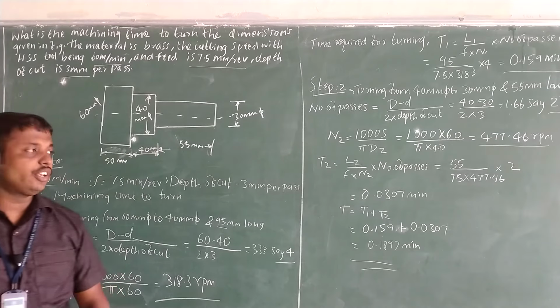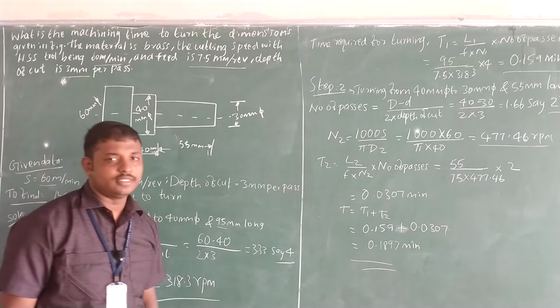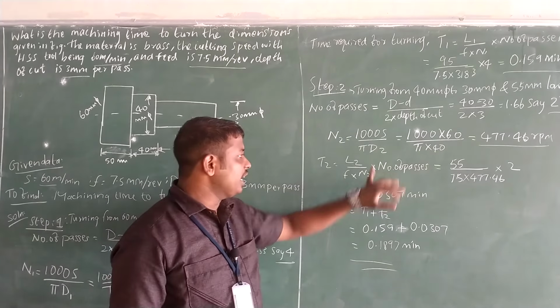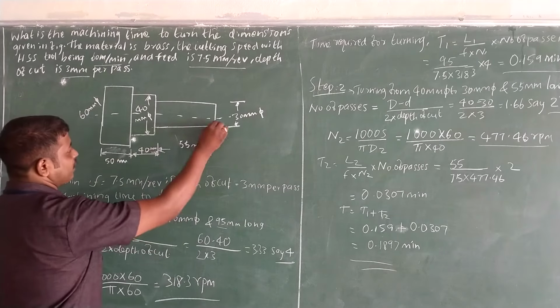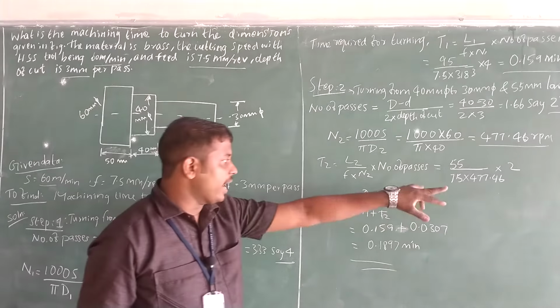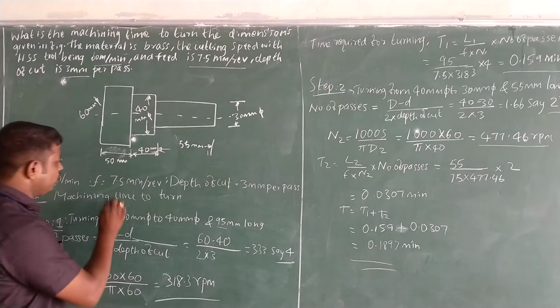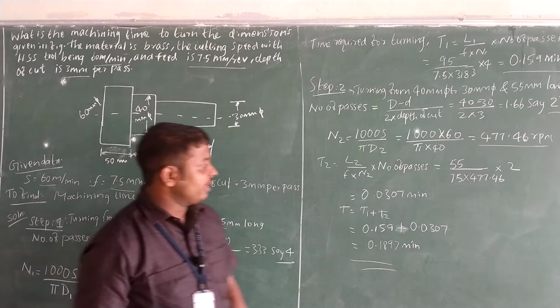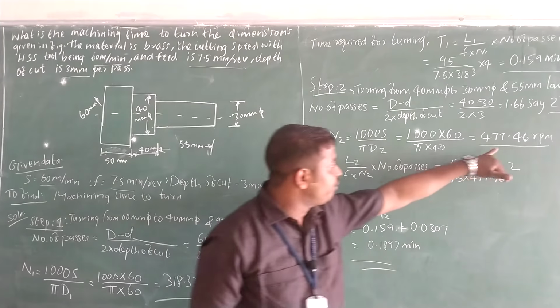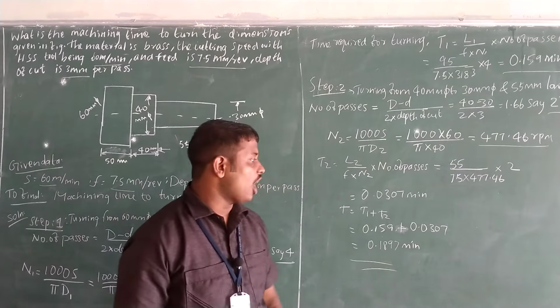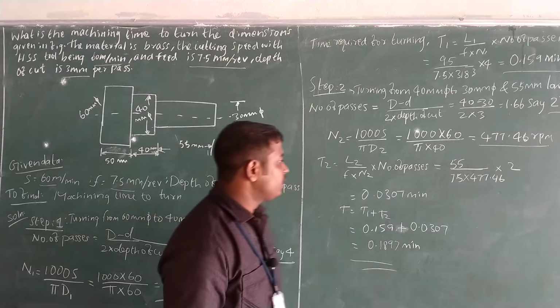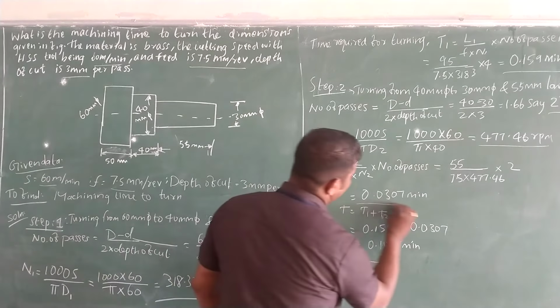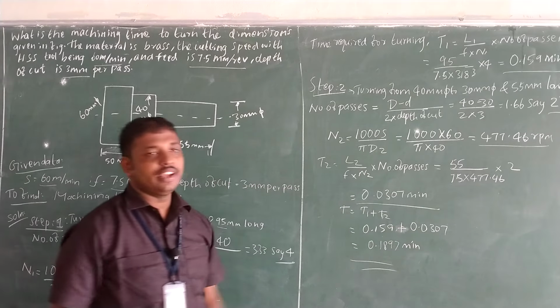T2 equals L2 divided by F into N into number of passes. The length is 55, divided by the feed, 7.5 mm, into N2, 477.46 RPM, into 2. Substituting, 0.0307 minute.